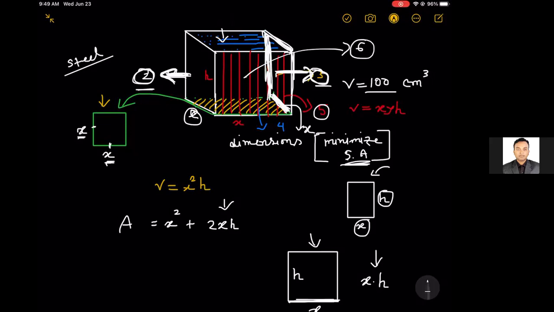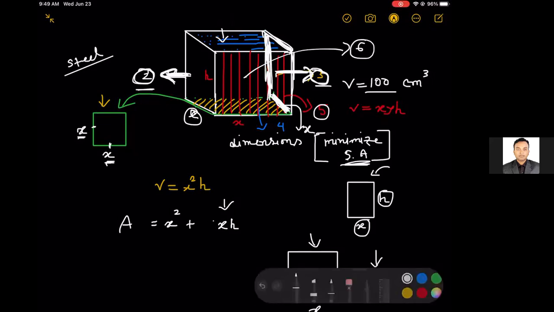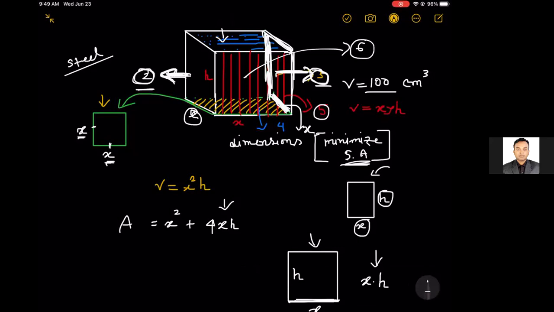Okay. Now, I think I should change it to 4x times h, because all the other 4 sides have the surface area x times h, and we have 4 of those, right? Because the base is x squared, the top is open, the other 4 sides have surface area x times h, so we have 4 of those, so it's 4 times x times h.